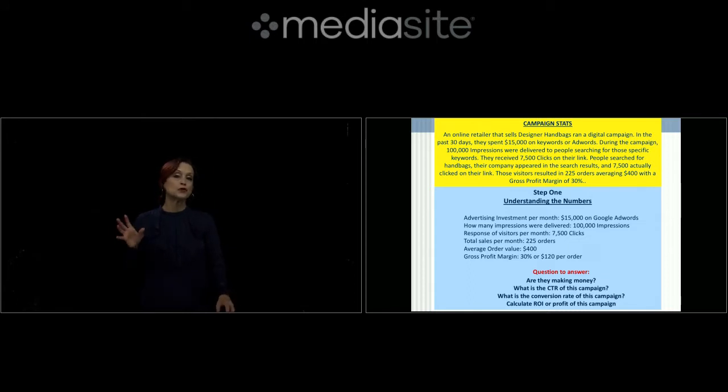So let's first understand the scenario and the numbers. In this case, let's talk about an online retailer, e-commerce, that sells designer handbags, and they ran a digital campaign. In the past 30 days, they spent $15,000 on keywords or AdWords, and during the campaign, 100,000 impressions were delivered to people searching for those specific keywords.